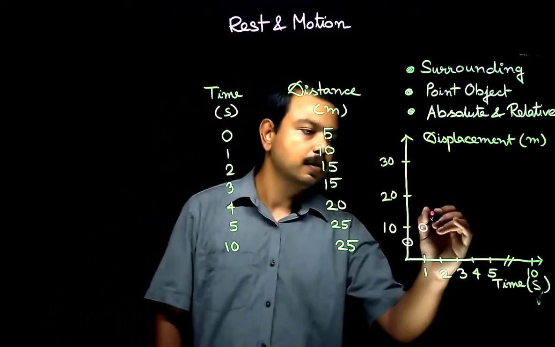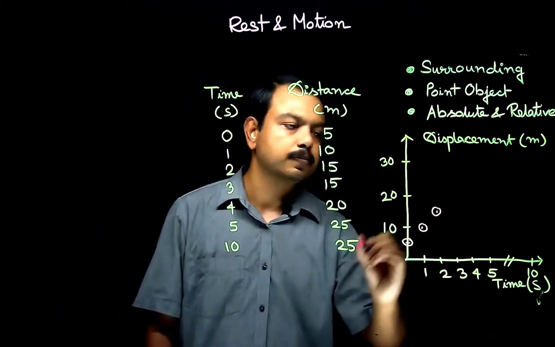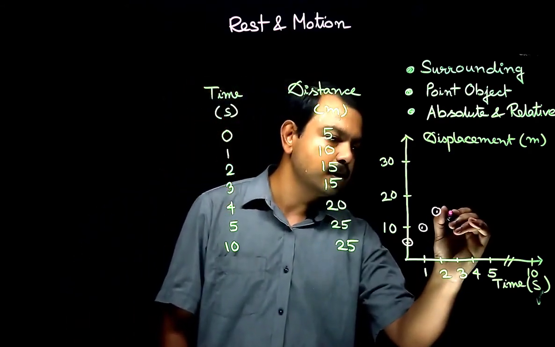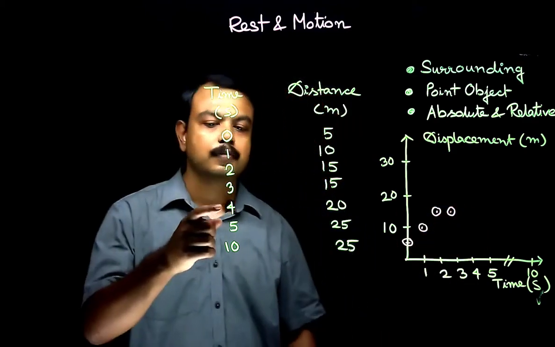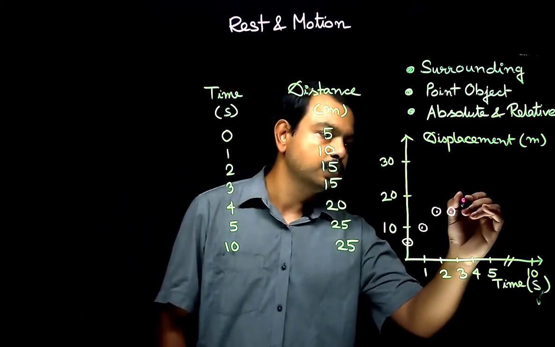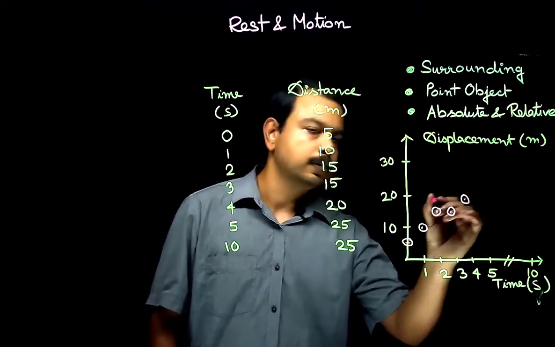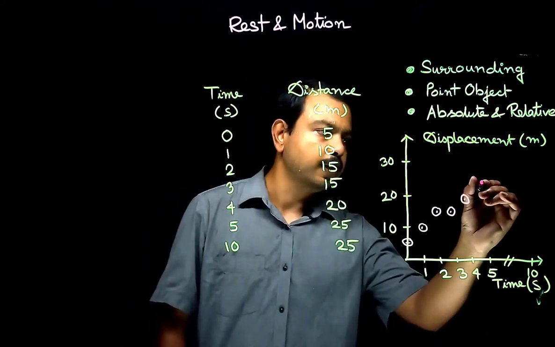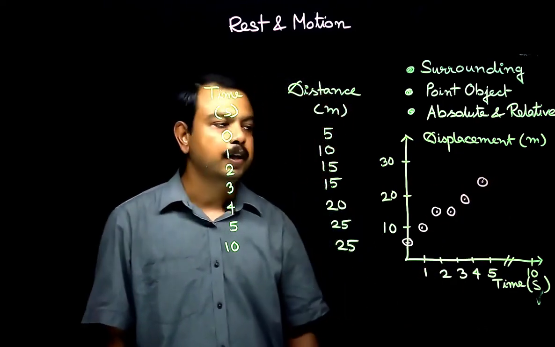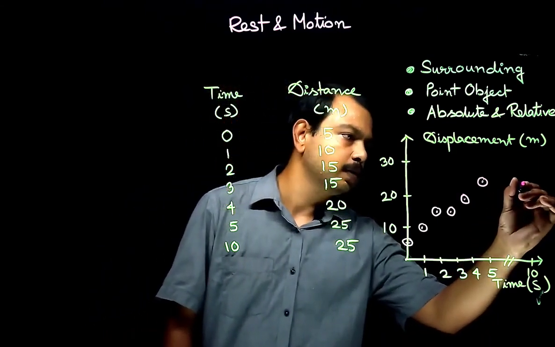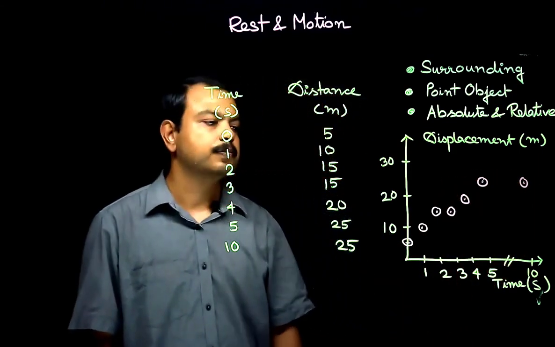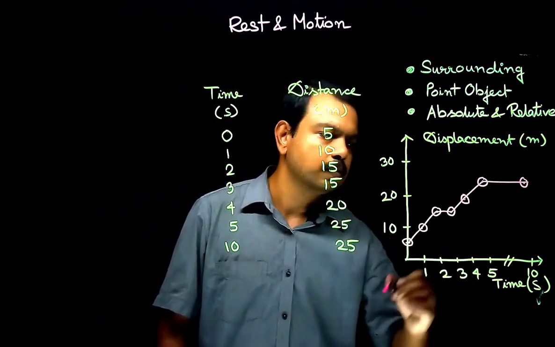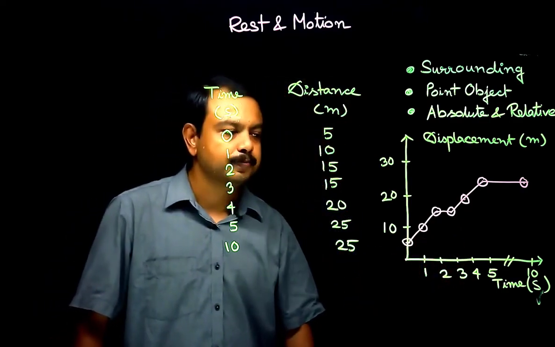At 2 seconds it is at 15-meter distance. At 3 seconds it still remains at the same distance. At 4th it moved to 20. At 5th it moved to 25. And finally at 10th it still remained at 25. So if I join these points, roughly the curve will look like this.